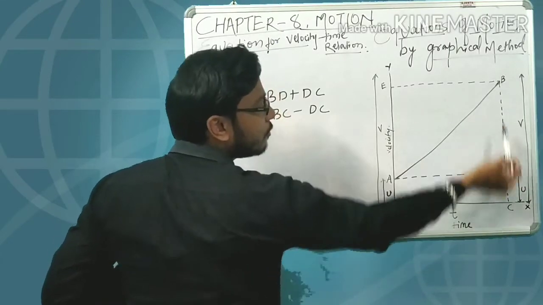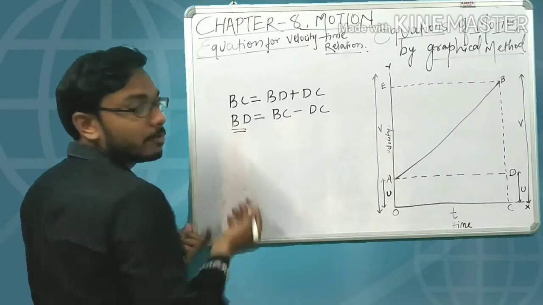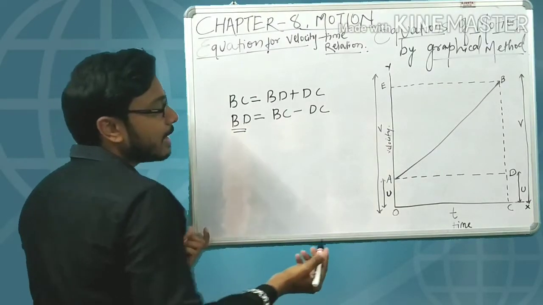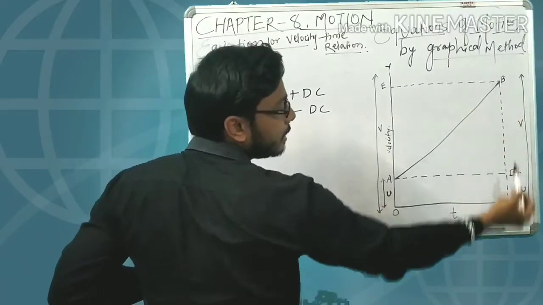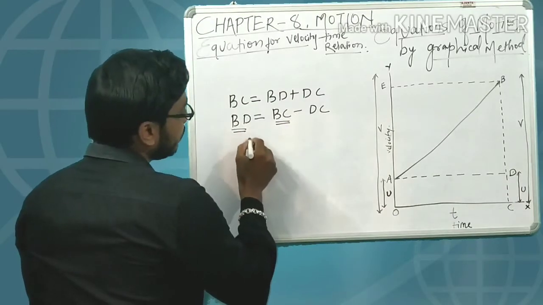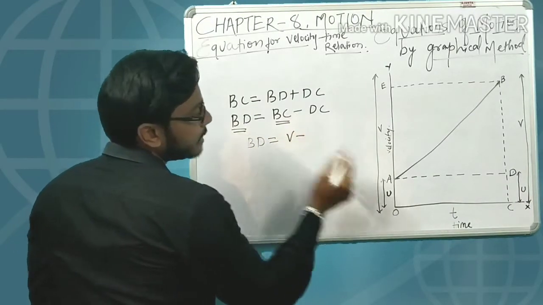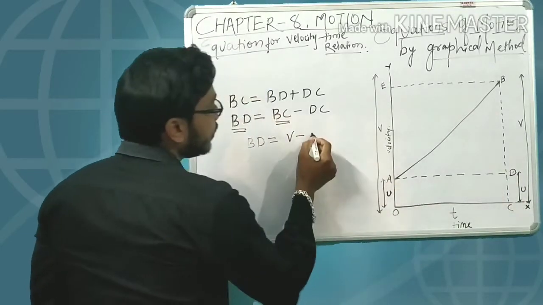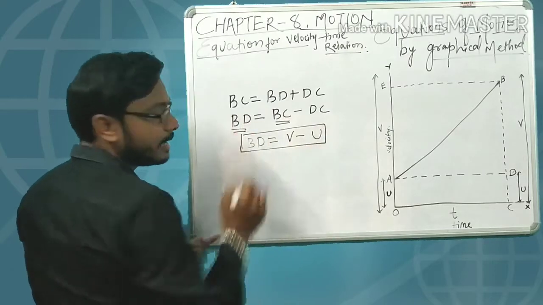So we'll get the value of BD. Now we just have to substitute the values here. Now you can see BC is having which value? BC is having the value V, that is the final velocity. So we can write BD is equal to V minus what is DC? DC is U. So here we have got the value of BD.